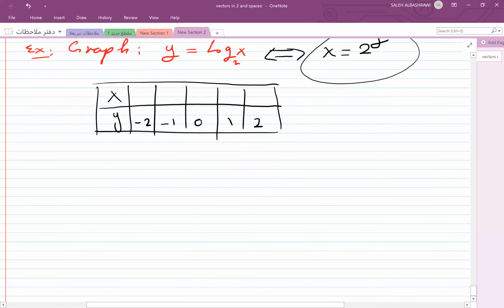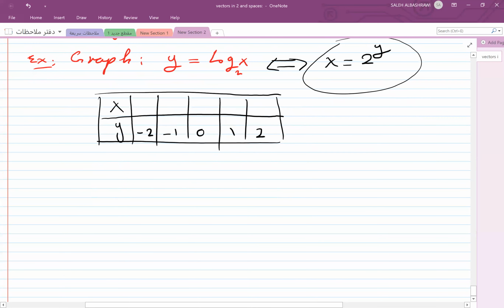Now, if y equal to -2, let's find the first one. If y equal to -2, then x is equal to 2 to power -2, which is equal to 1 over 4. So x equal to 1 over 4. Now, the second point, if y equal to -1, then x will be 2 to power -1. That will give me 1 over 2.